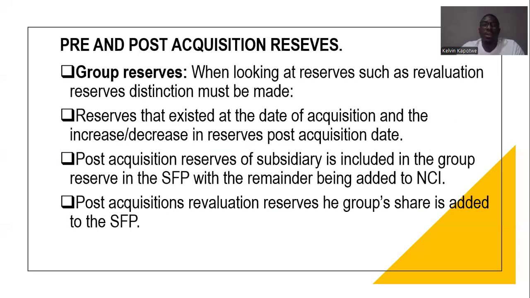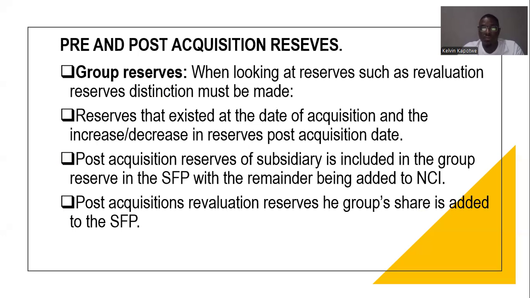So now let's look at the pre- and post-acquisition reserves. Basically the same concept applies here. When looking at reserves such as revaluation reserve, a distinction must be made: reserves that existed at the date of acquisition, and the increase or decrease in reserves post-acquisition. So you need to distinguish between the pre-acquisition reserves and the post-acquisition reserves, just like you did with retained earnings.